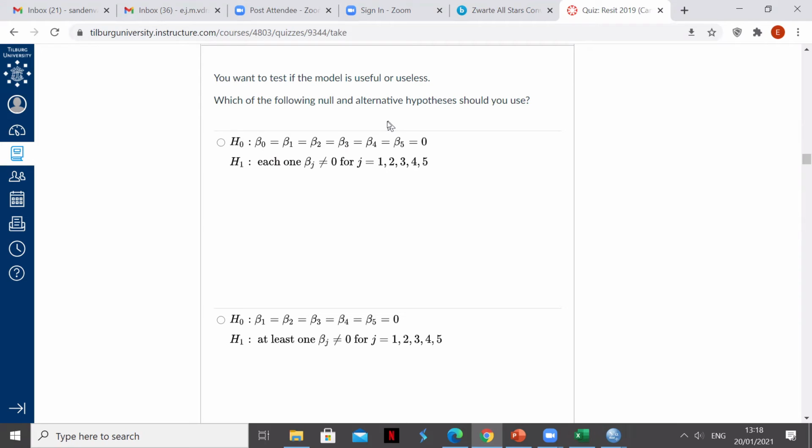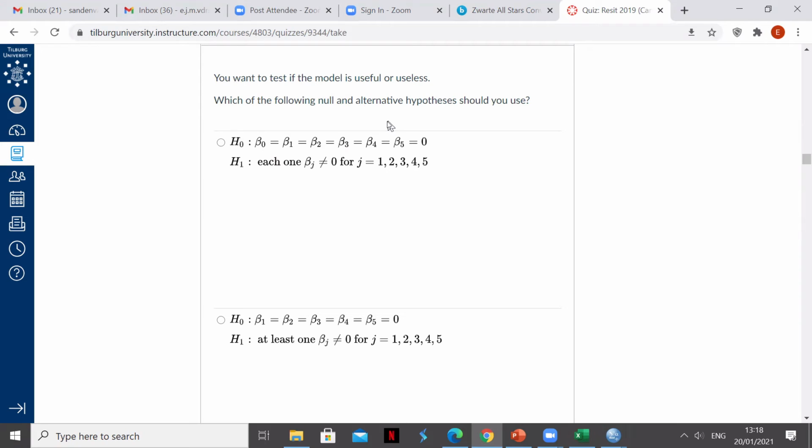So it doesn't help to the usefulness of the model, right? Because if the age is 0, if the education is 0, if everything is 0, there might still be a minimum wage, for example, which is beta 0. But it doesn't help to the usefulness of the model because you test the usefulness of your other coefficients.